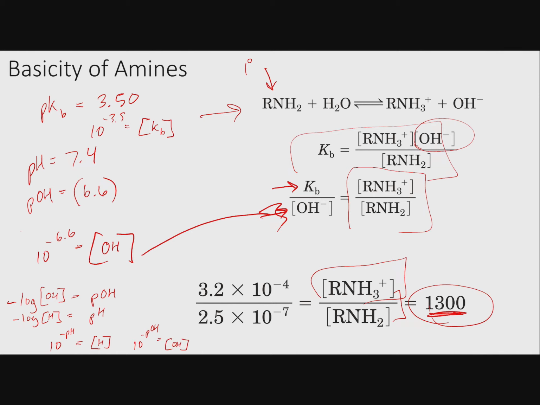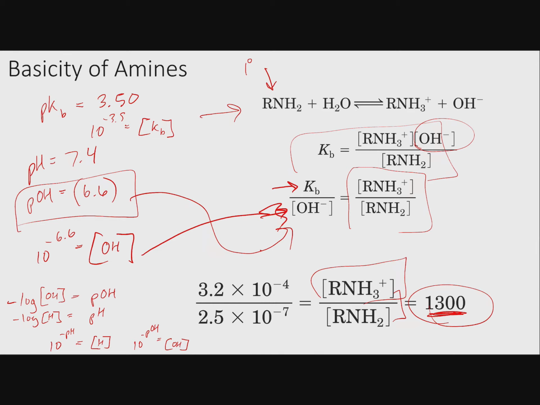Anyways, this can be used to show in what form is going to predominate. Again, we could go and plug in a different value for pOH, maybe one that's really high, right? Like I was saying earlier, we would have to have a really high pH in order to have a predominantly unprotonated form.